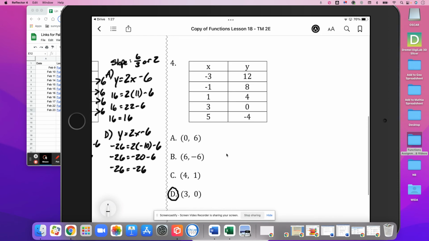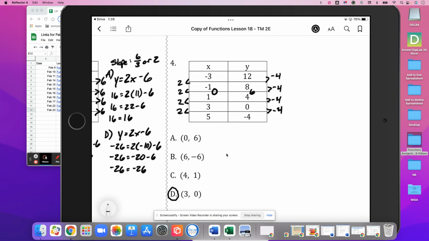We also need a y-intercept. So the easy way to get the y-intercept on this one is 0 falls right between -1 and 1. And 6 falls right between 4 and 8. So our y-intercept is going to be 6. Our slope for this one looks like it's going down by 4 here, down by 4 here, down by 4 here, down by 4 here, up by 2 here, up by 2, up by 2, up by 2.